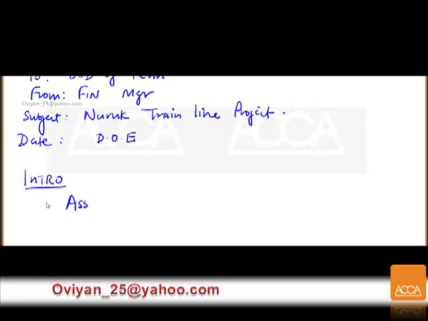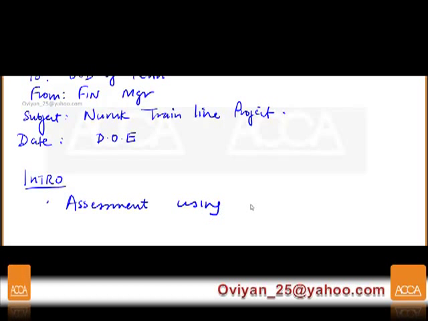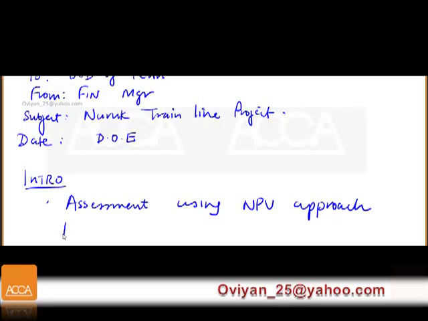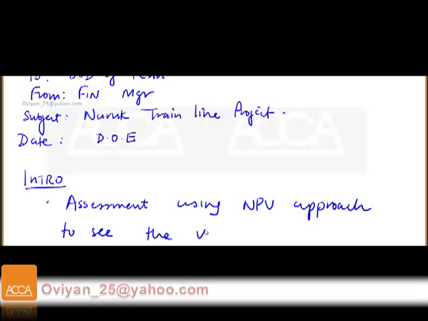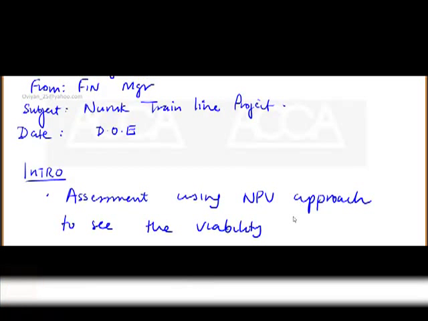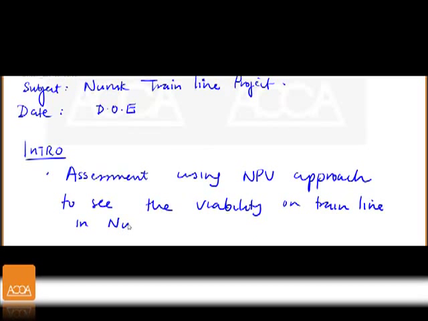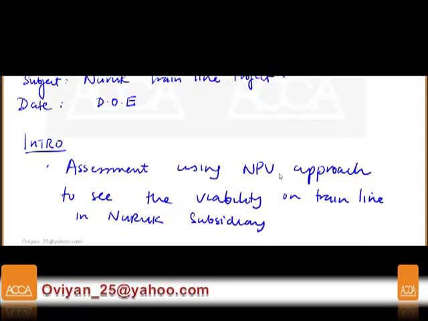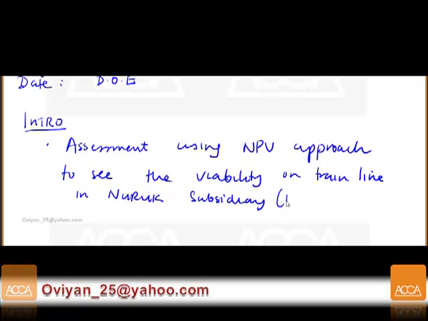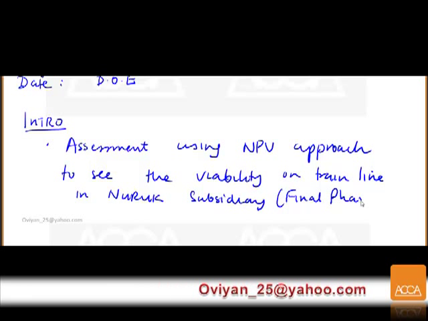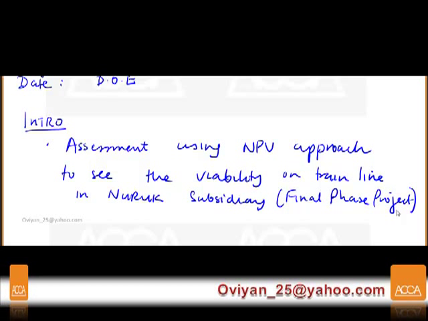So you write, this is an assessment using the NPV approach to see the viability of the train line in the Nuruk subsidiary. Final phase project.